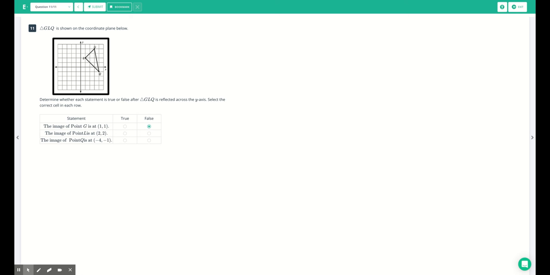When it reflects over, it's going to be in the negative zone. So this is false. The image of point Q is at negative 4, 1. Q, the pre-image, is at 4, negative 1, counting 1, 2, 3, 4. So reflecting over the y-axis, it'd be negative 4, negative 1. So this is true.